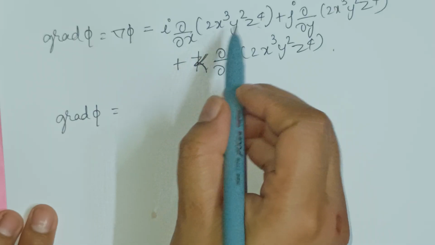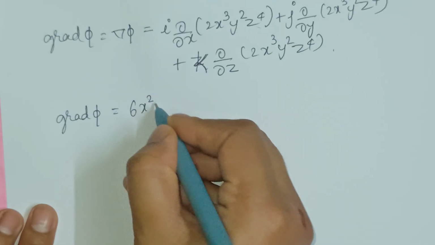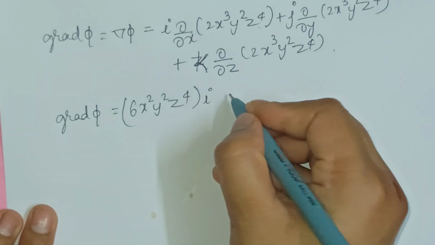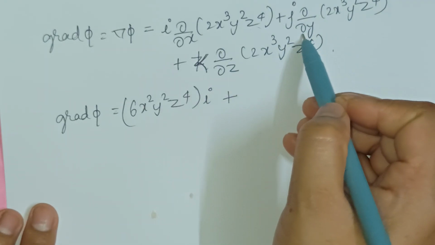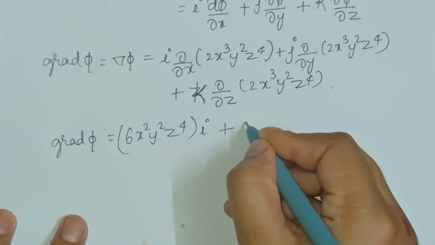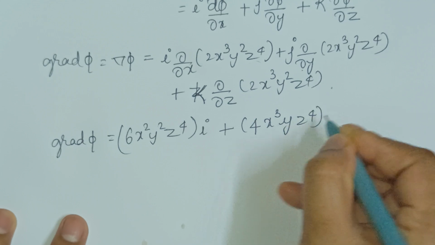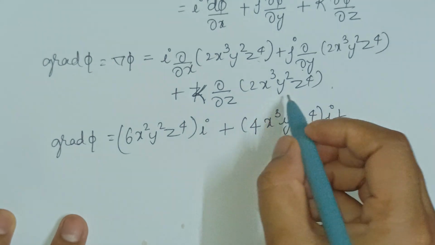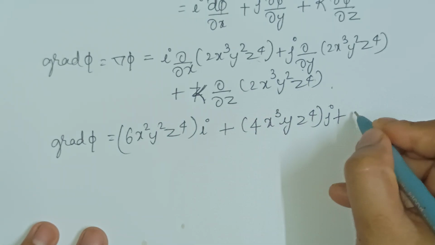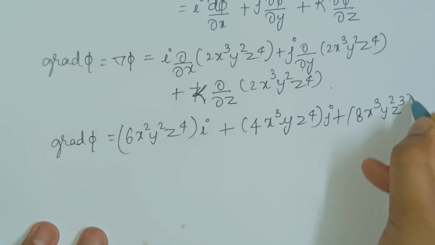Now grad phi can be written using partial differentiation with respect to x. So it is going to be 3 twos are 6 x square y square z to the power 4 i, plus partial differentiation with respect to y, so 2y, 2 twos are 4 x cube y z to the power 4 j, plus partial differentiation with respect to z, so 4 twos are 8 x cube y square z cube k.